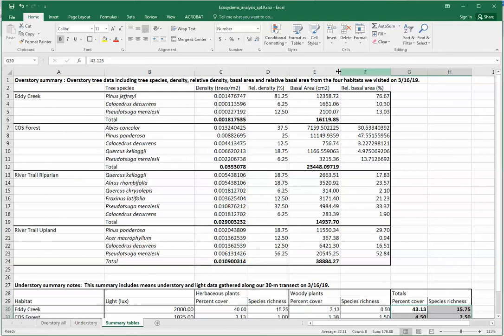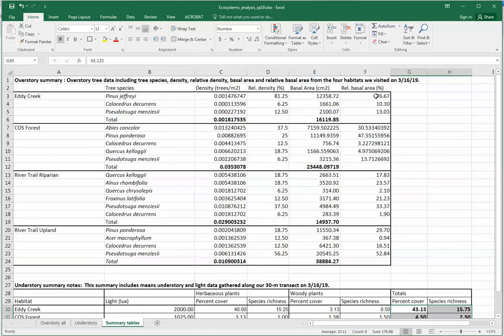Here we have the basal areas in centimeters squared. So remember, that means the area covered by the stems of the trees or the trunks of the trees. So here's the total basal area. These numbers are by species. And then this is the relative basal area.